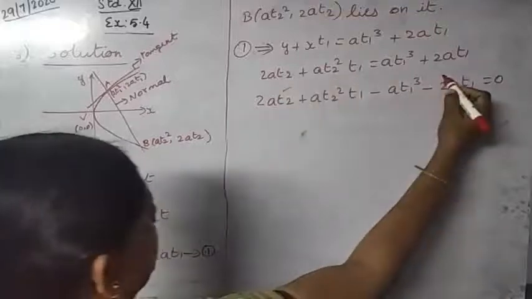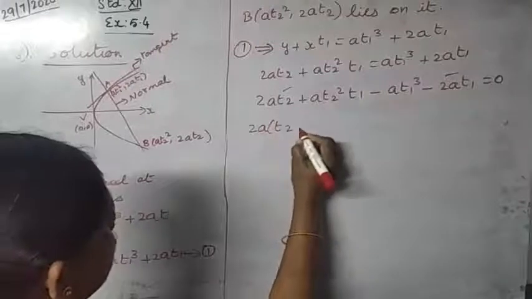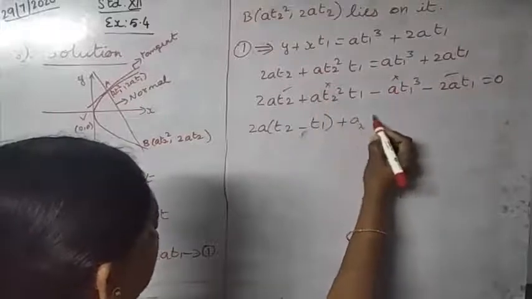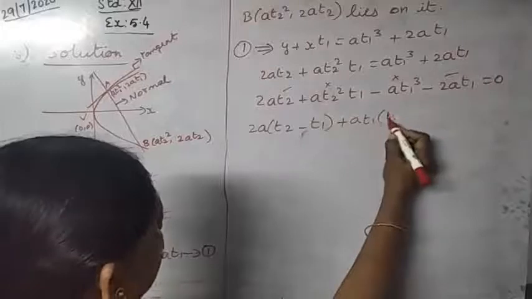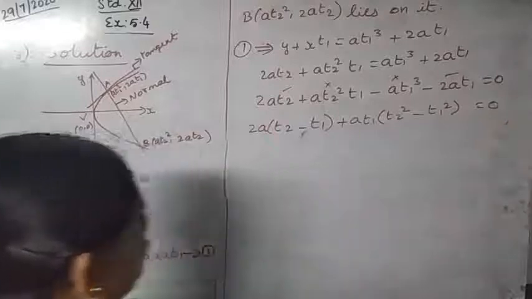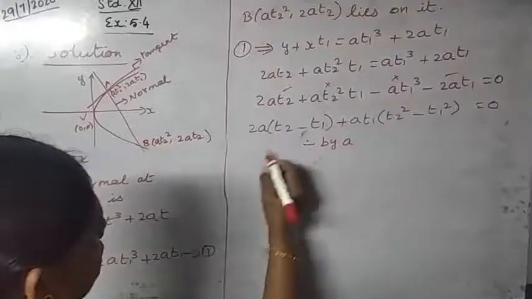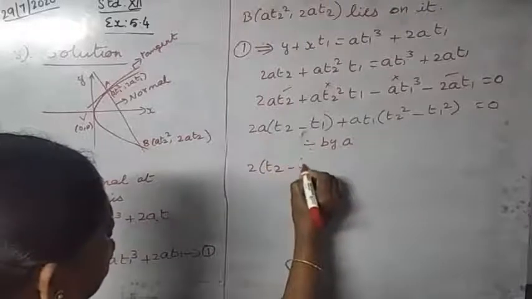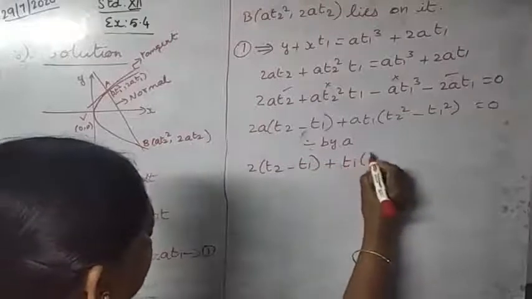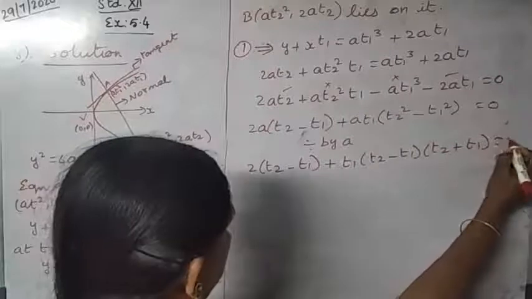Now first take 2A common. So balance T2 minus T1. And take these two terms. Here A is common and T1 also common. Balance T2 square minus T1 square is equal to 0. Now divide throughout the equation by A. Therefore the equation becomes 2 into T2 minus T1 plus, A gets cancelled, T1 of T2 minus T1 into T2 plus T1 equal to 0.